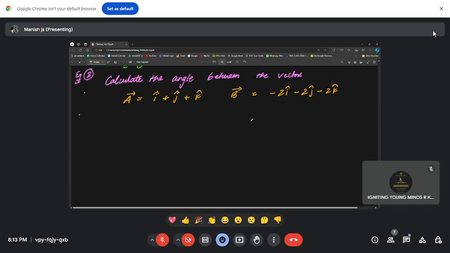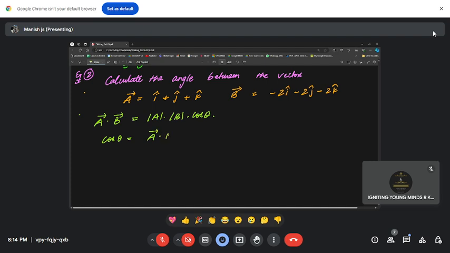So what is the second formula that we learned? It was vector A dot vector B equals modulus of A times modulus of B into cos theta. Okay, so you can make use of this relation and find out what is the angle theta. So you rearrange for cos theta, make cos theta the subject. So what is cos theta equal to?